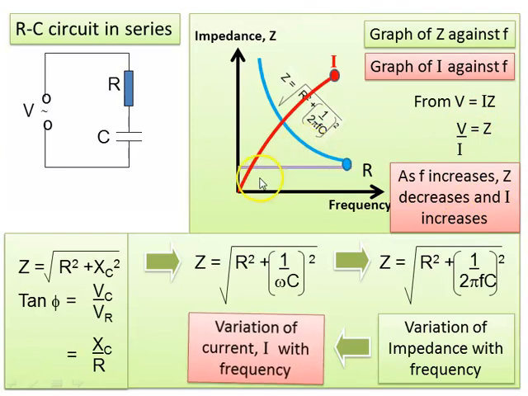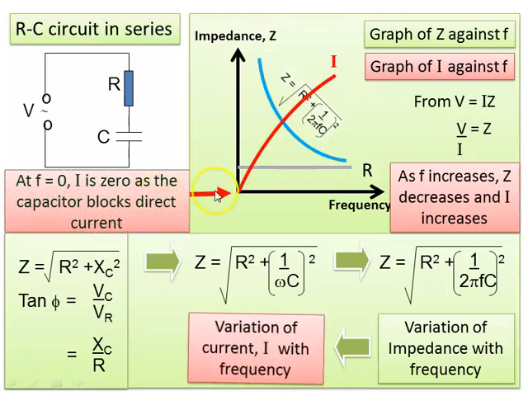So the graph refers to the red line curve here. As f increases, Z decreases, and I increases. And then at f equals 0, I is 0 as the capacitor blocks direct current.